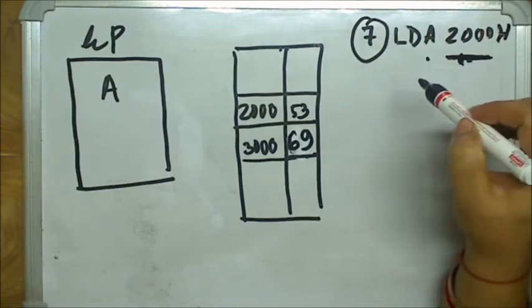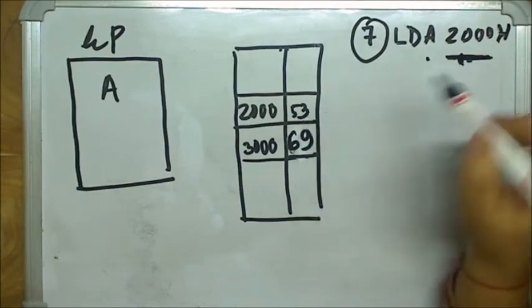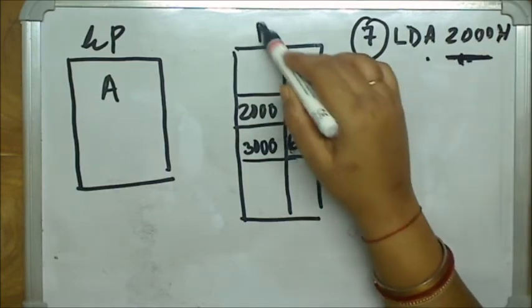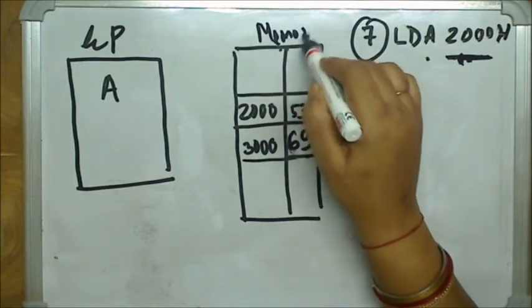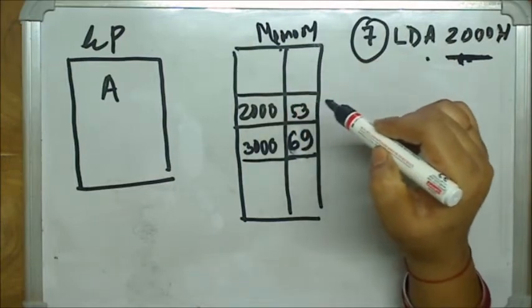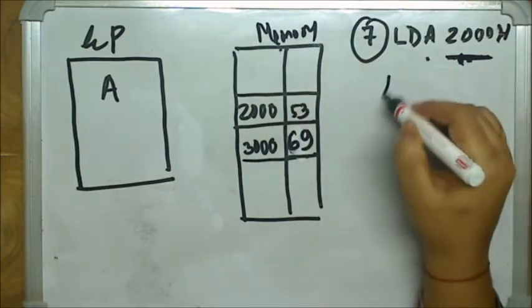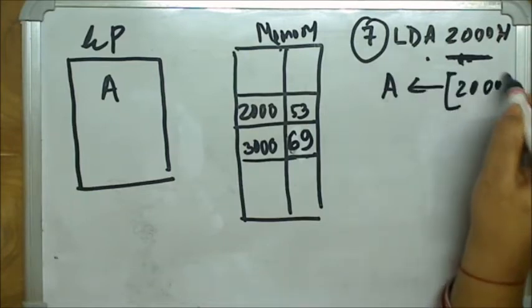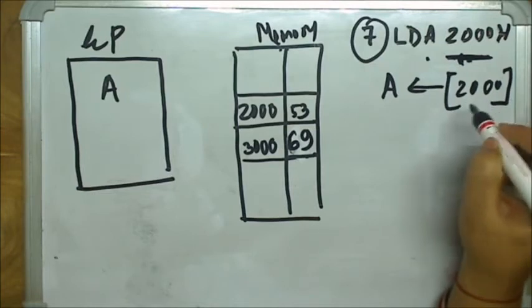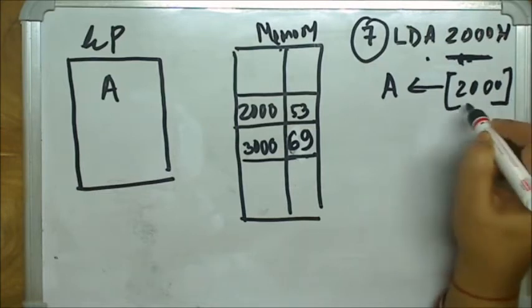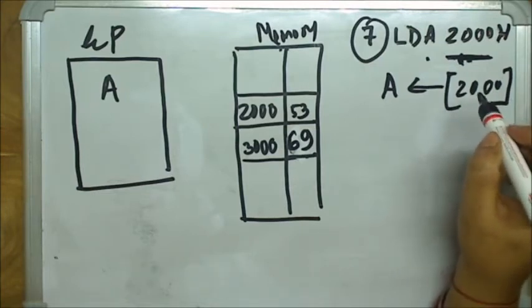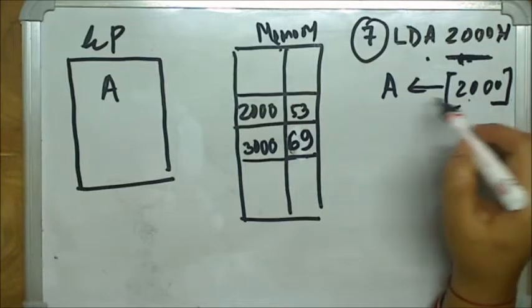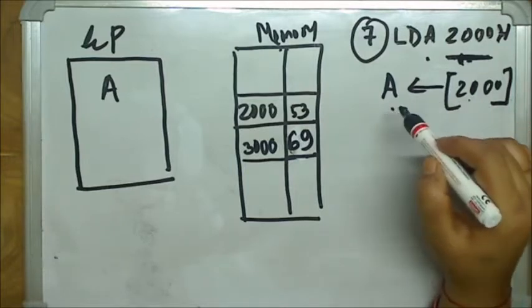So whatever data is there in memory location 2000H, that data will get loaded into accumulator, right? I have told in addressing modes that if I put a third bracket, it means contents of that memory location will be loaded into accumulator A.